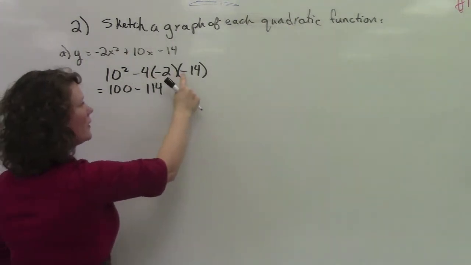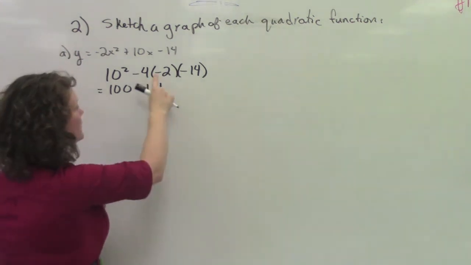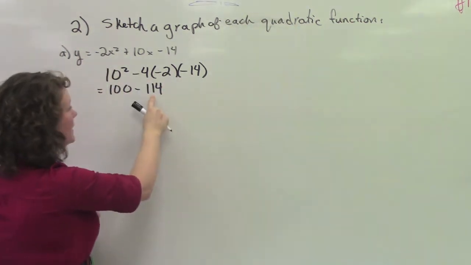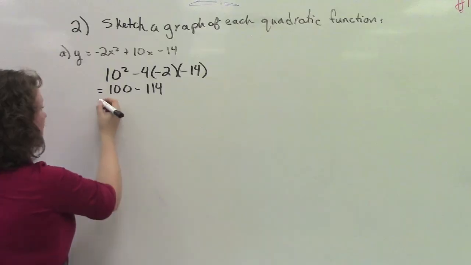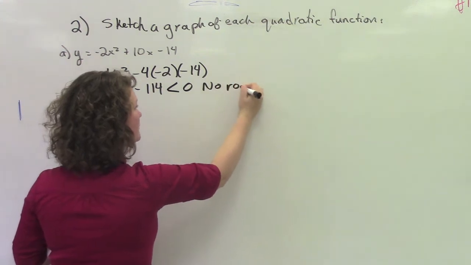There are 3 negative signs, so I know that the sign in front is going to be negative. 4 times 2 is 8, times 14 is 114. All right, Mrs. Woodyard interjection. 4 times 8 times 14 is 112, not 114, but it doesn't really matter because the discriminant is still negative. Just wanted to clarify. That's going to be a negative number, less than 0, so no roots.